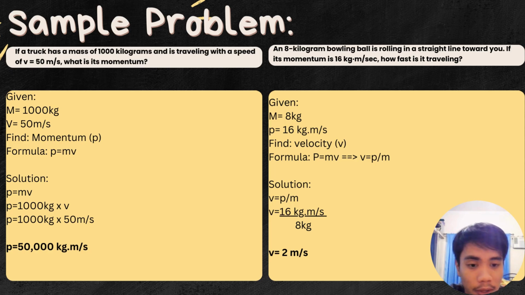We divide 16 by 8, so that will be 2. Then we cancel kilograms, and what we're left with is meters per second. So our answer will be 2 meters per second, and that is correct because we're finding the velocity, and the unit for velocity is meters per second.